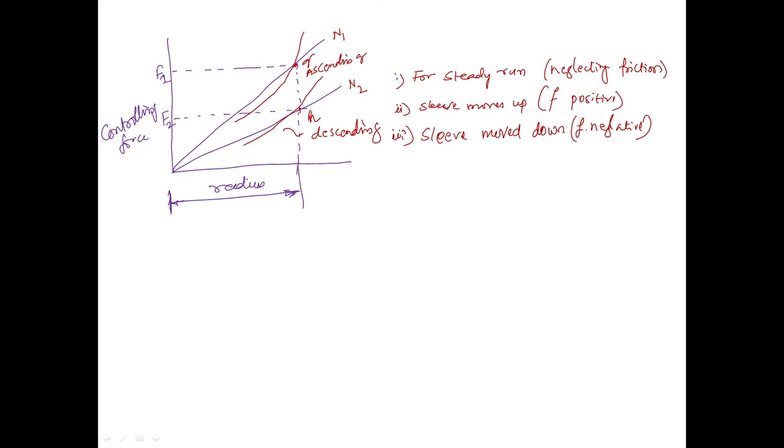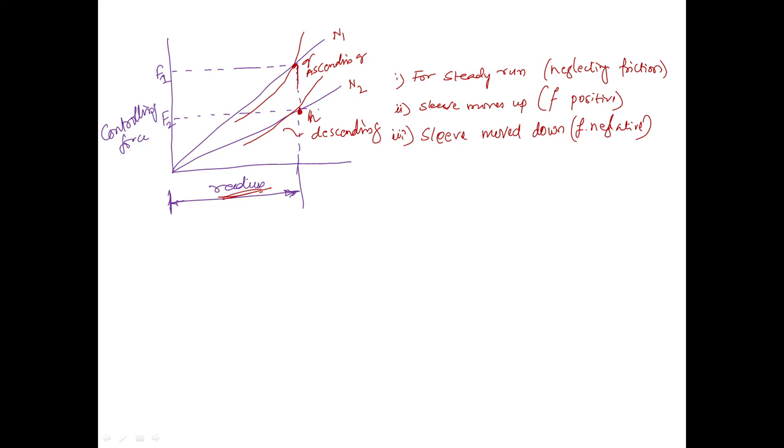Now you get one intersection line here for a particular radius, that is, for a constant radius, H and G, that is GH. This signifies that the radius of the ball does not change while the direction of movement of the sleeve does.